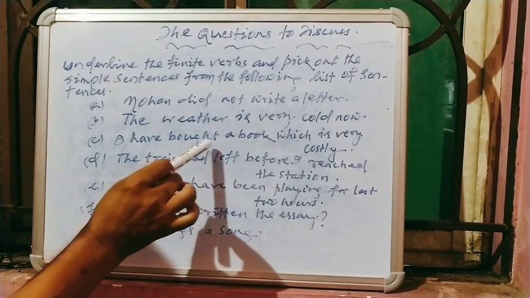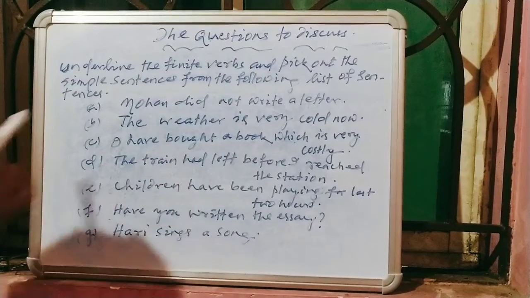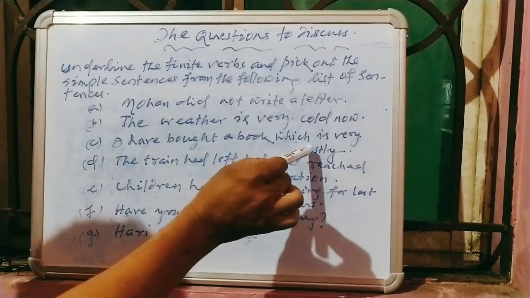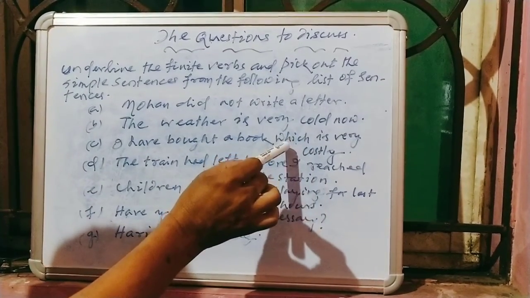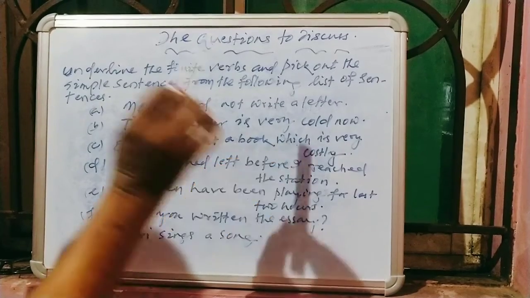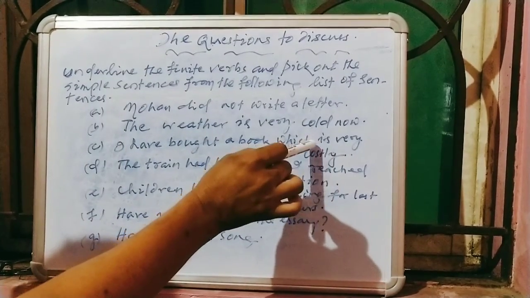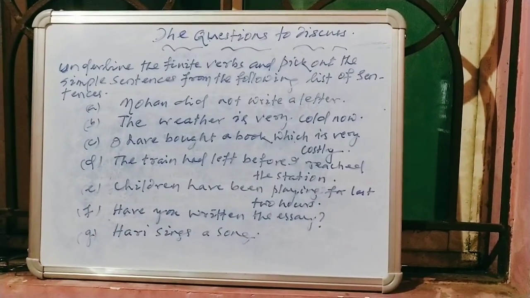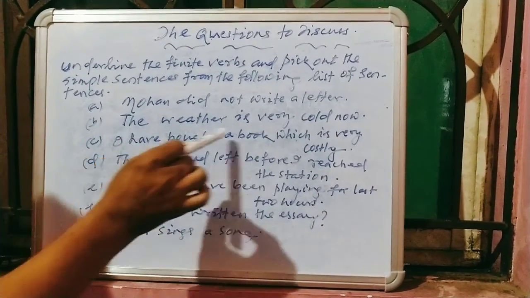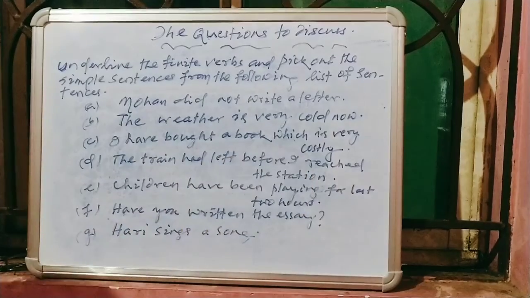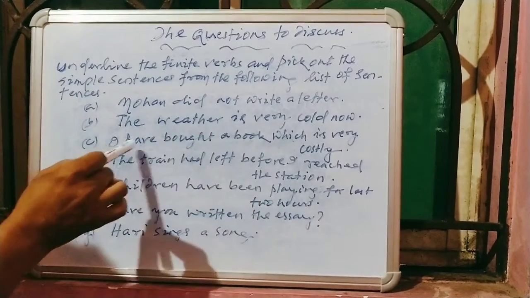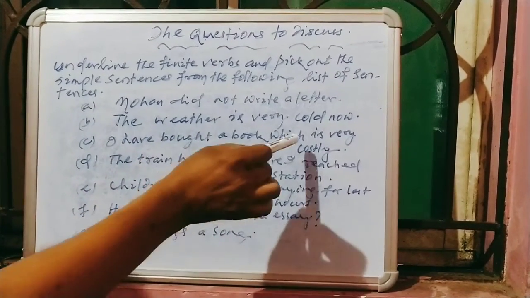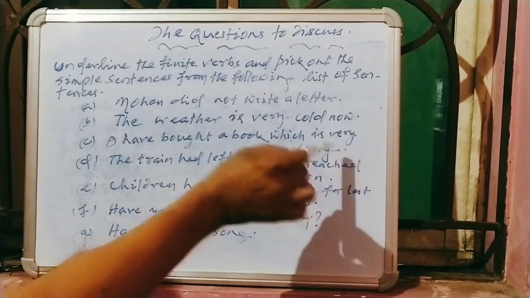I have bought a book, it is a clause, and another clause starts from the relative pronoun which is very costly, it is another clause. In this way we have here 2 different clauses. One of them is I have bought a book, and the second is which is very costly.